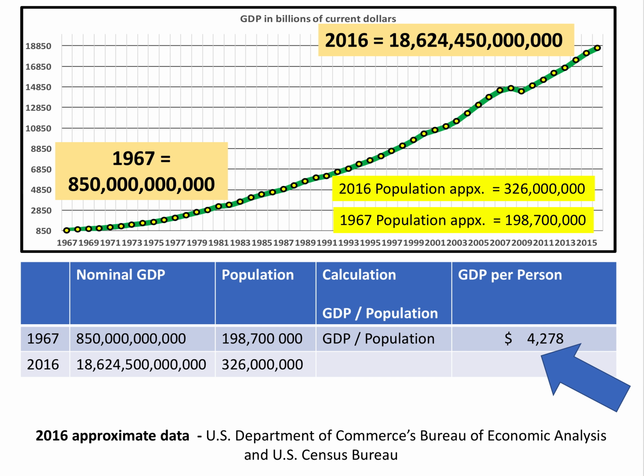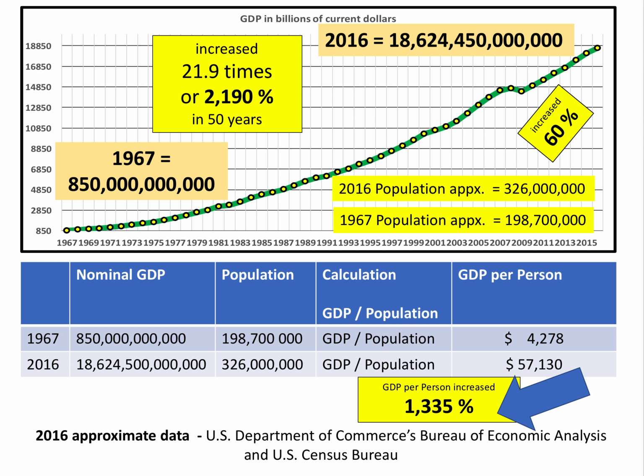What would it be in current time? Well, taking the gross domestic product and dividing it by the population, we now get $57,000 of gross domestic product per person. Interesting numbers, huh?